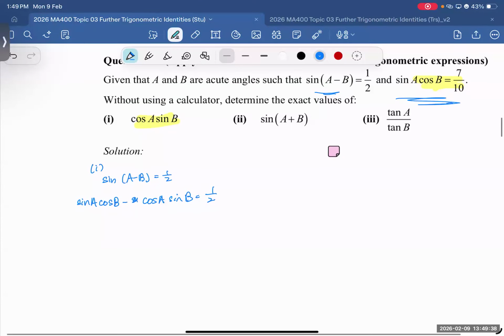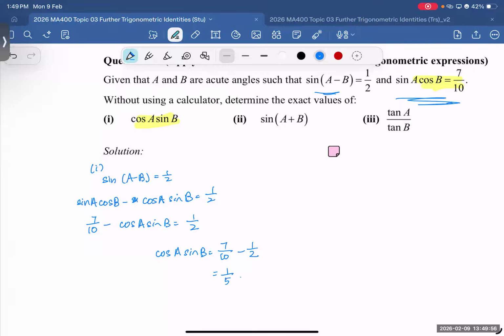Now from the formula, I know that sine A cos B is 7 over 10, minus cos A sine B is equal to half. Manipulating the equation, cos A sine B should be equal to 7 over 10 minus half, which gives you 1 over 5. Okay, the answer is also on the board.